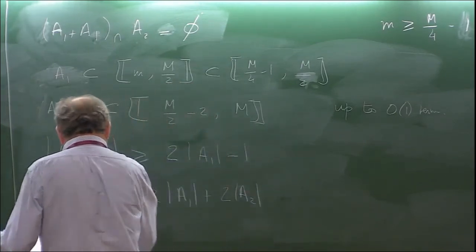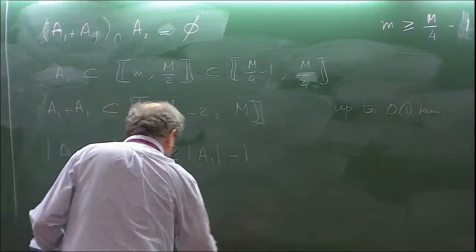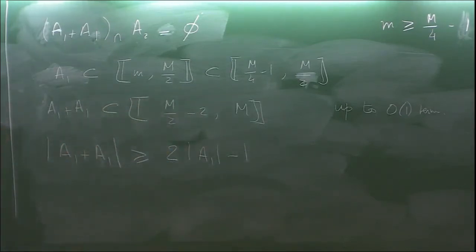I am lost. Let me take one second. A2 is less than M, and A1 is less than M over 2.